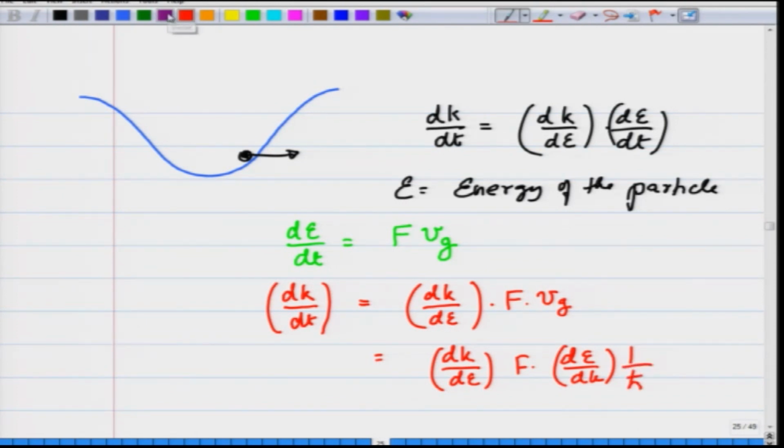Now, you see these two quantities here, dk dE with dE dk gives me 1, and therefore, I end up getting the result that h cross dk dt is equal to F.